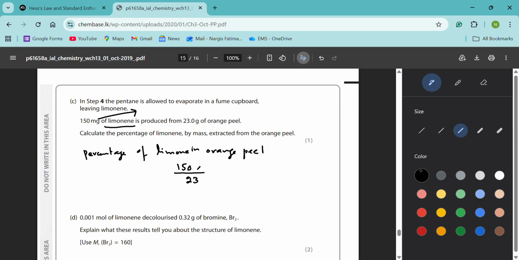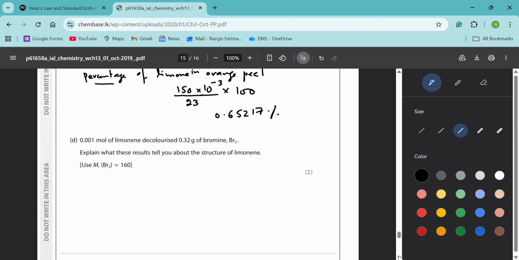We will divide 150 by 1000, or multiply it by 10 to the power minus 3, so it will be converted into grams. And as we are finding the percentage, we will multiply this by 100. So the answer will be 0.65217%.